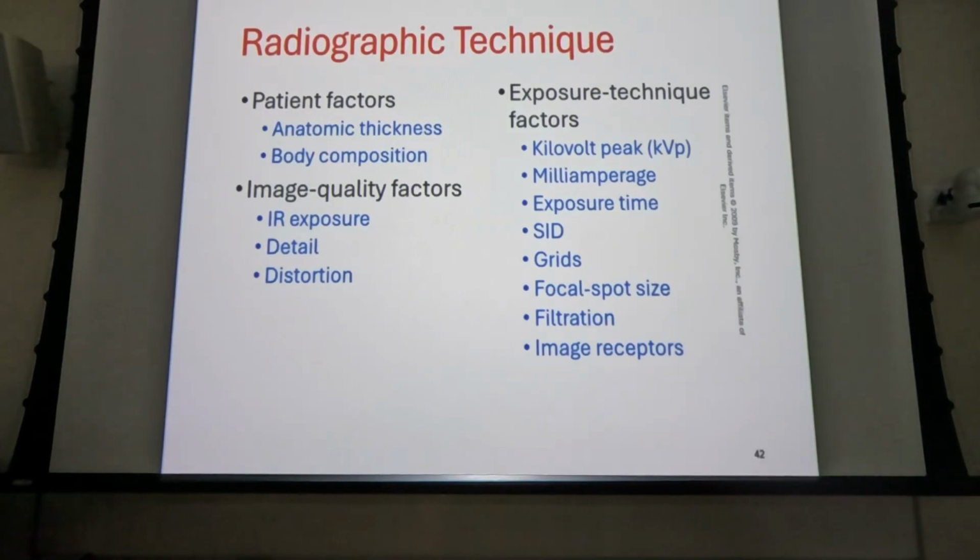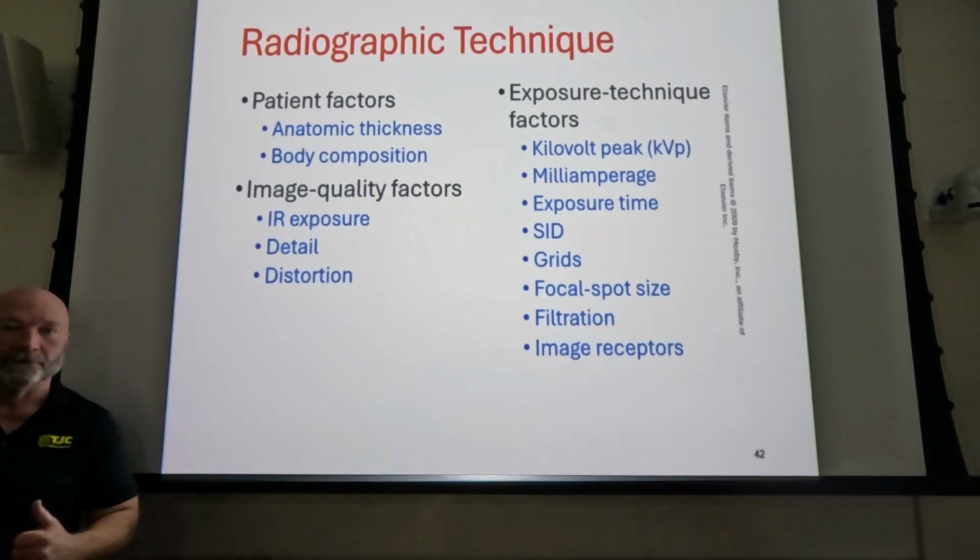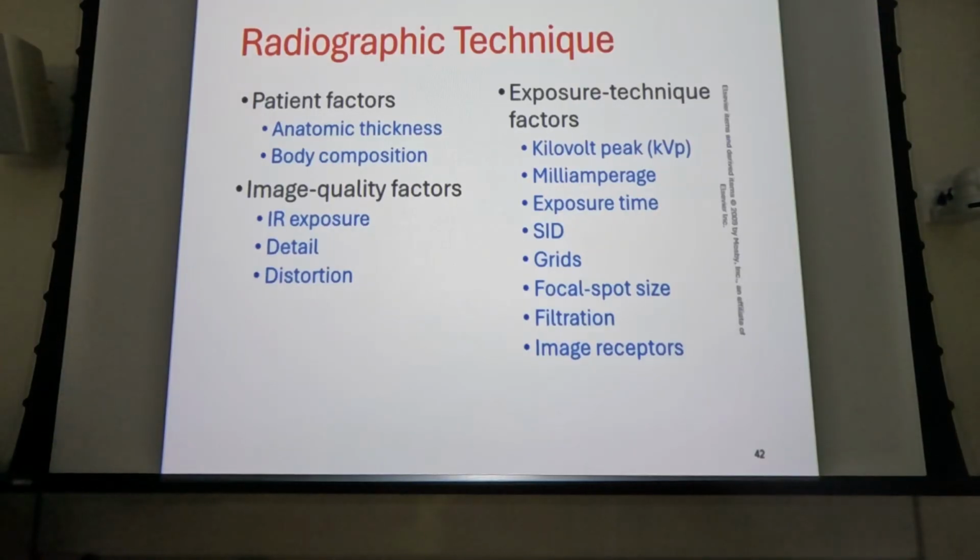We'll run through that later in the semester, but CR cassettes are not as fast as DR cassettes. So CR is slower, and what that means is that you have to use more radiation exposure to get up to the proper exposure on a CR cassette. They assign them numbers, and there's a direct correlation between the numbers and how much of a change in technique you would need.